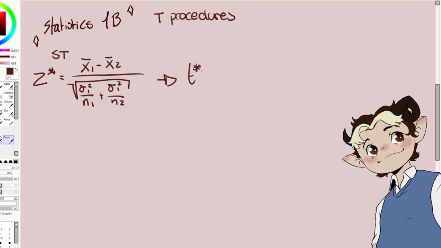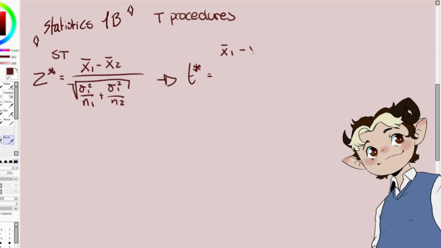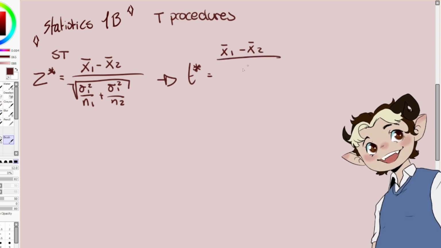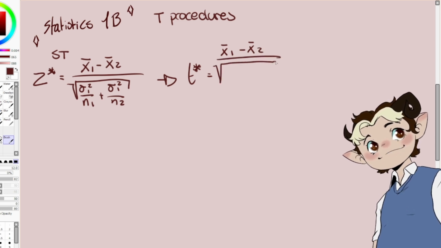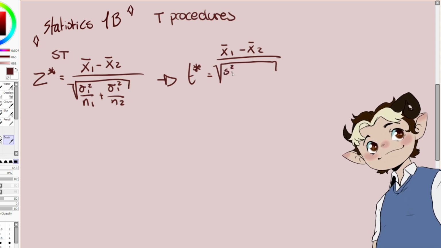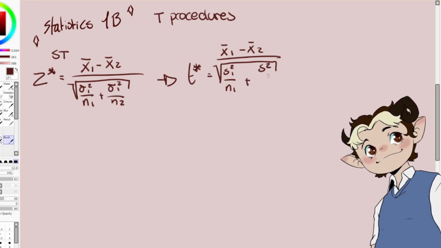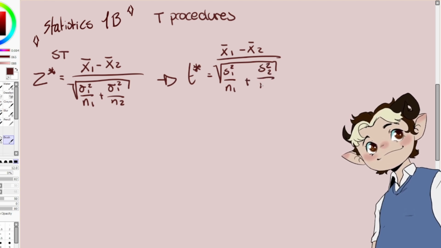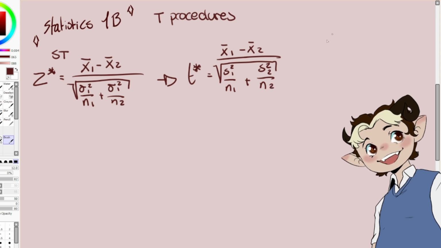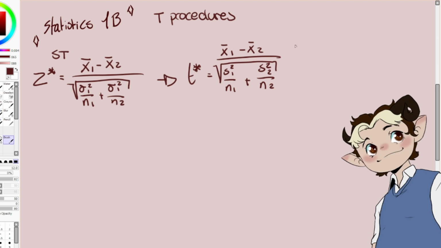So now we have the t procedure. Still just the x bars compared, divided by the square root of the sample standard deviation squared over n1 plus the second term. And now, because we have two samples, we have two n's.